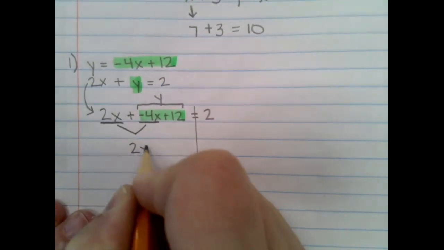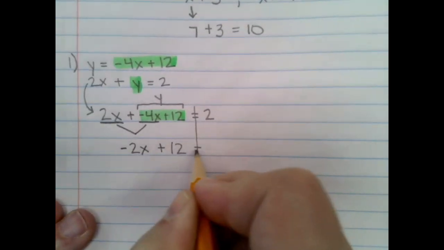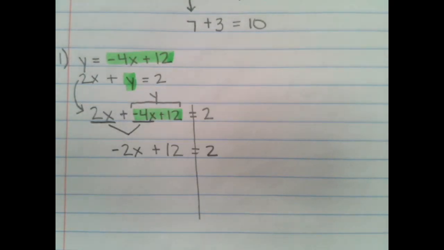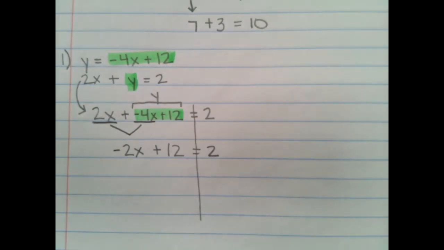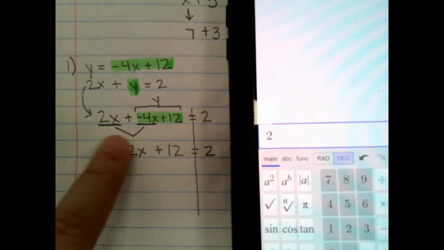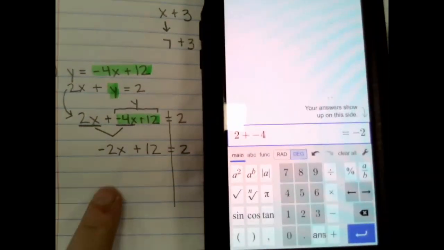Good. So we have negative 2x plus 12 equals 2. If you're wondering what just happened, all we did was 2 plus negative 4, and the answer is negative 2, so negative 2x.